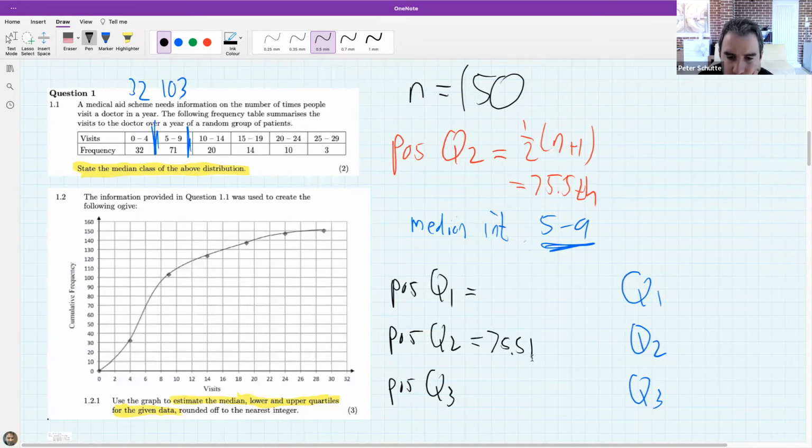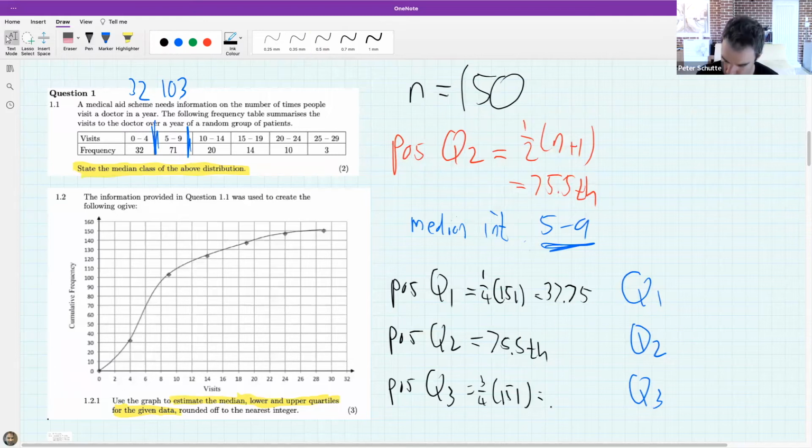I kind of did this calculation already. So I get positions 37.75 for Q1 and so on.